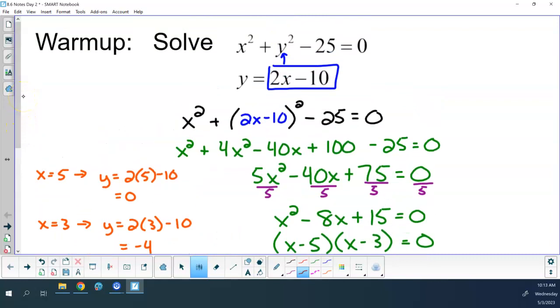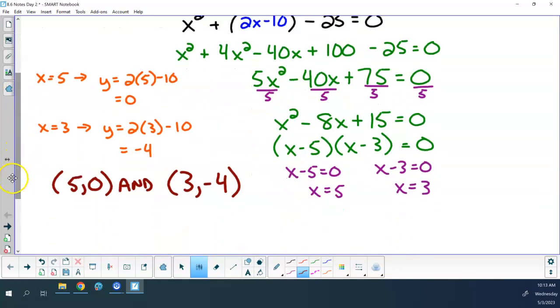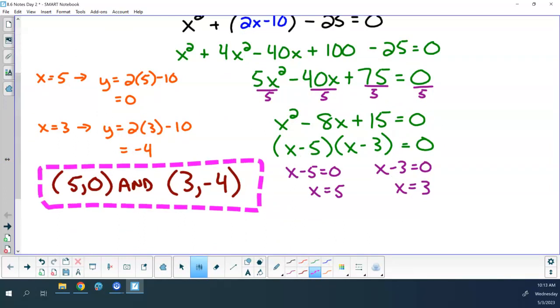So 5 for x, 25 plus 0 minus 25 is 0. That would work. If I check it in the other equation, 9 plus 16 is 25, minus 25 is 0. That one checks out. Bada bing, bada boom. There's our answer.